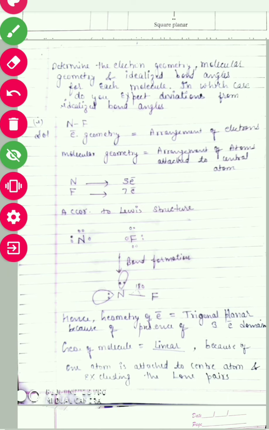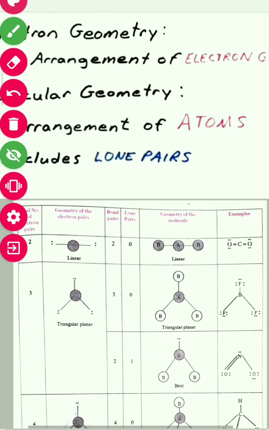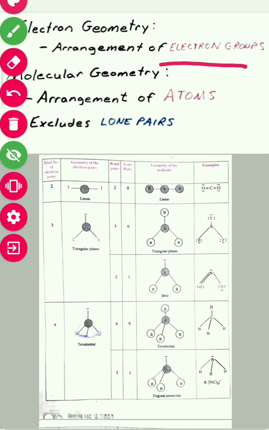Before solving this question, we have to understand what electron geometry and molecular geometry are. Electron geometry is the arrangement of electron groups, while molecular geometry is the arrangement of atoms.